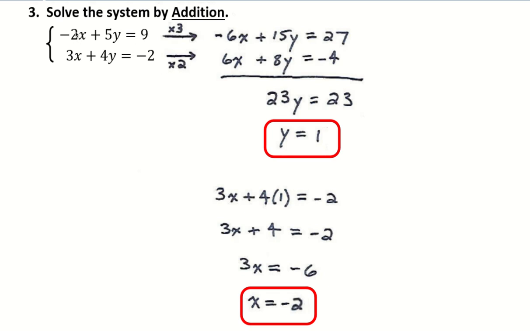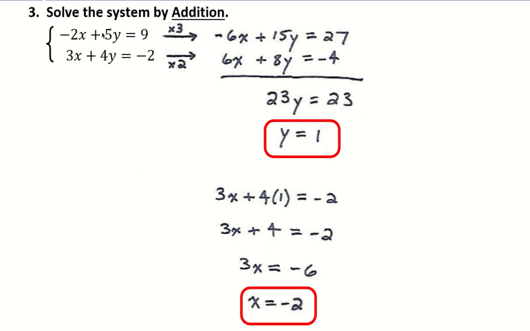So I multiplied this equation by 3 and this equation by 2. See, times 3 using the old school multiplication symbol. Times 3, times 2. The entire equation, even though I'm really just wanting to turn this term into a negative 6x, and I want to turn this term into a positive 6x so that they're opposites.